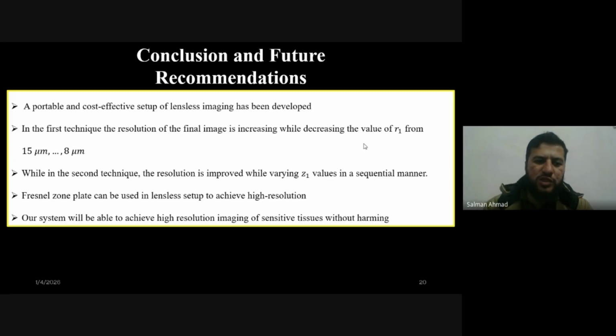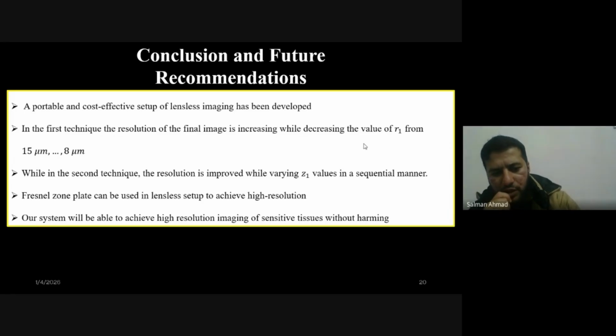We can use the Fresnel zone plate to achieve high resolution images, and our system is able to achieve high resolution of sensitive tissues without harming them by using low intensity light, like green light, or in some cases red light, to capture images of the tissues.